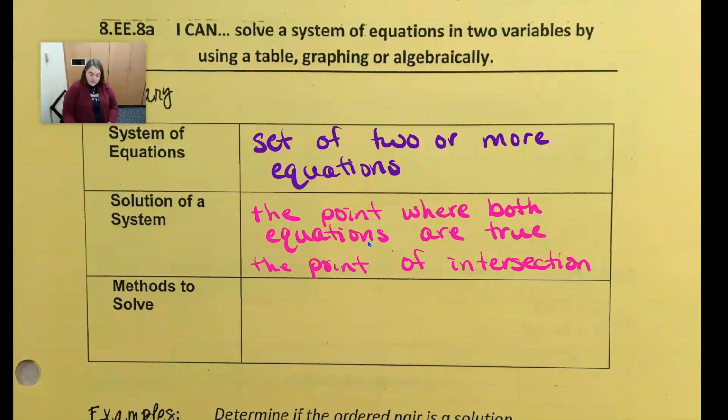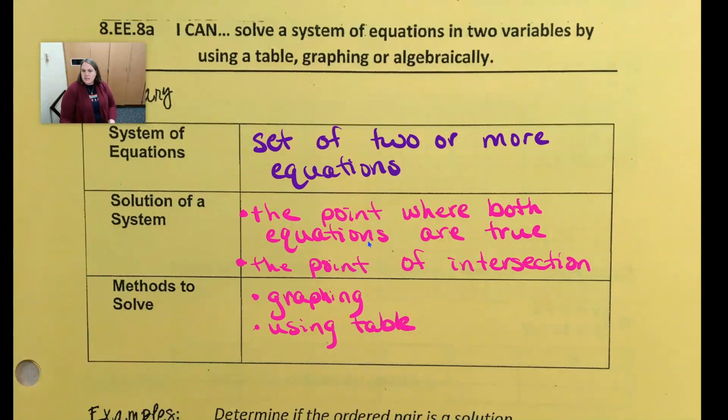So there are lots of methods for solving systems. We're going to basically look at 3. Okay, we are going to look at graphing, and that's what we're going to look at today. Using a table, but honestly, we don't really ever use that one.